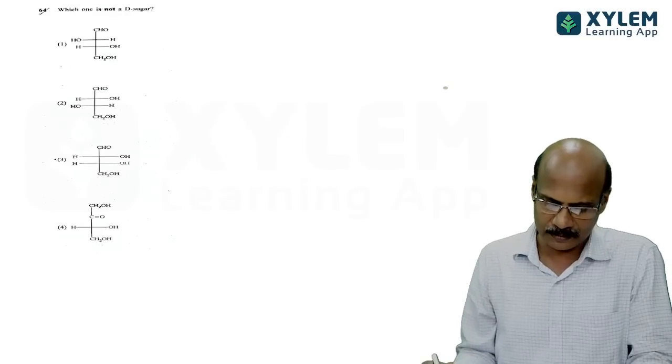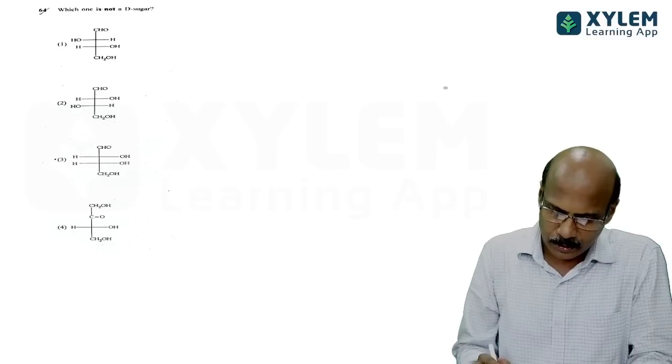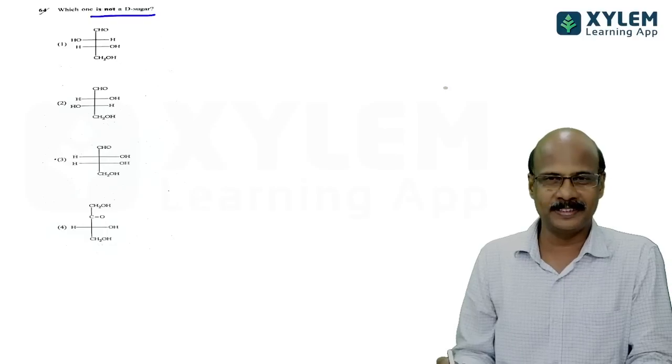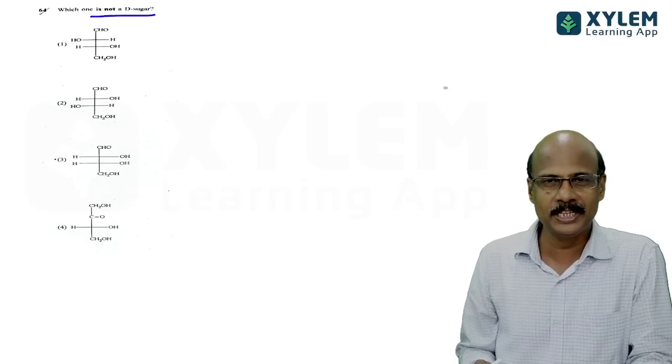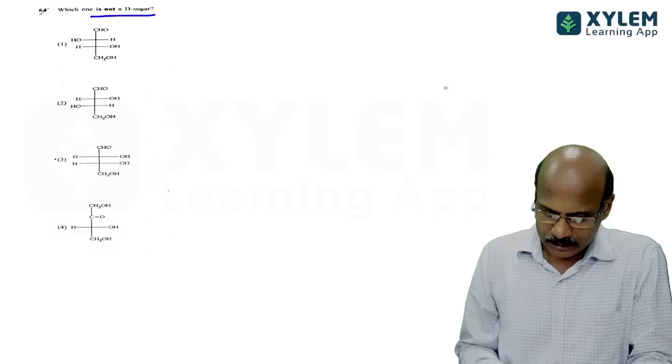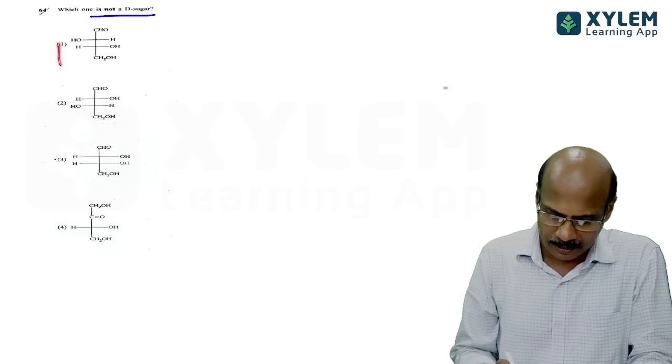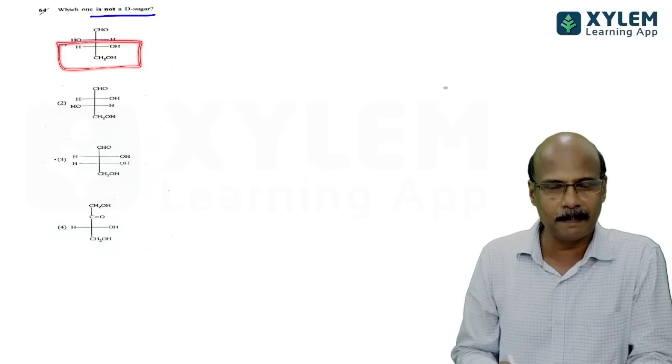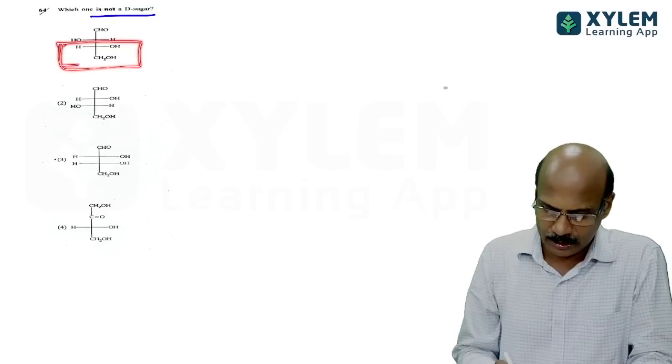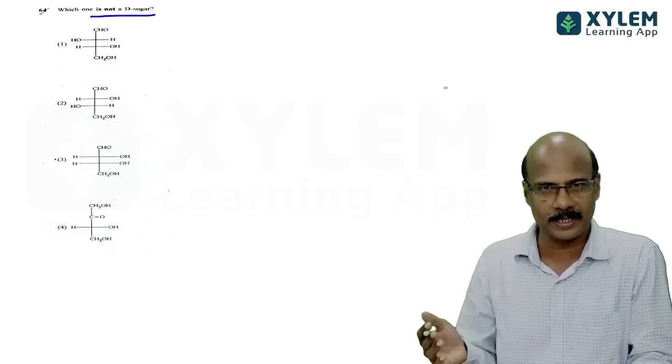Coming to question number 64. The question asked is which is not a D sugar. You know what we mean by D sugar? Capital letter D. The sugar whose terminal part is in this way, that is, the OH is on the right hand side.